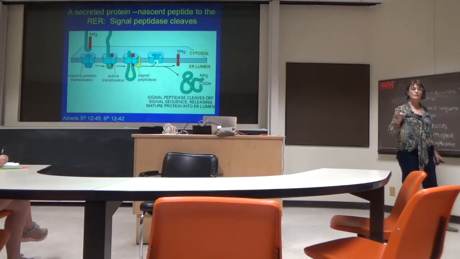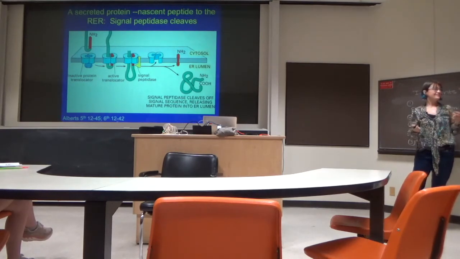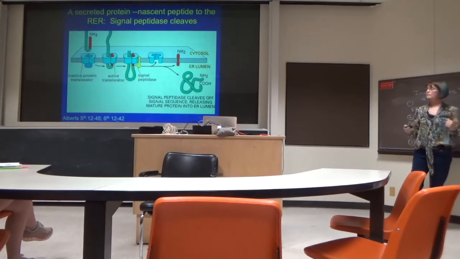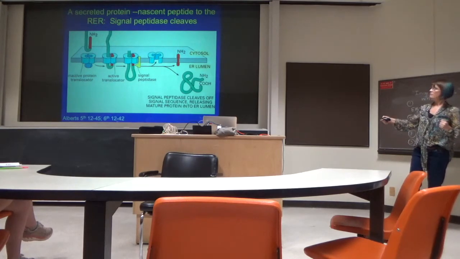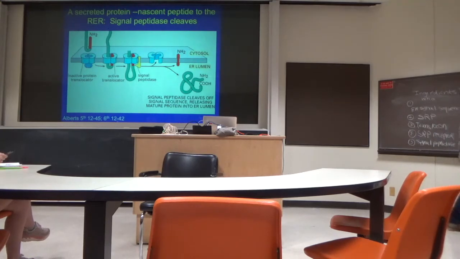So the only polypeptide bond it's going to cleave is this one that's just downstream from the ER signal sequence. It probably recognizes something about those hydrophobic amino acids in combination with the positively charged amino acid. So it will cut that off, and the rest of the protein just falls through. It cleaves the ER signal sequence, and it's on the ER membrane.